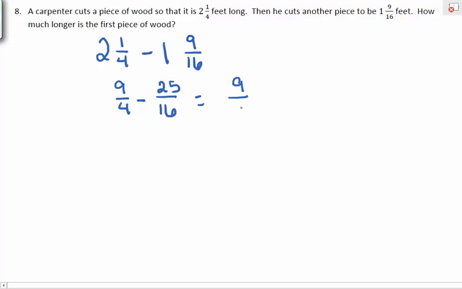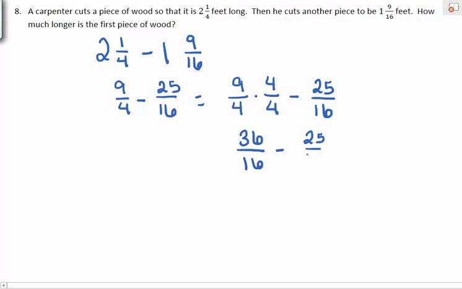Between 4 and 16, this would be 16. 4 times 4 is 16, and the second fraction we'll leave alone, since it already has 16 as the denominator. 9 times 4 is 36, 4 times 4 is 16, minus 25 over 16. 36 minus 25 gives us 11 over 16. So the first piece of wood is 11/16 feet longer.